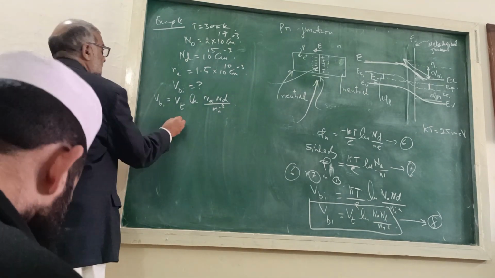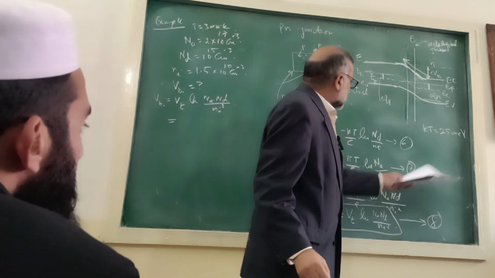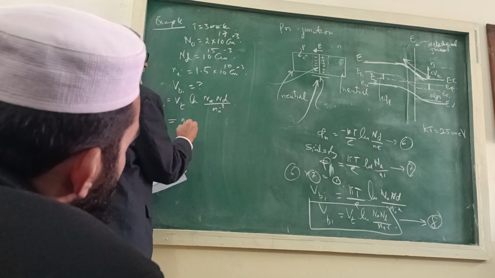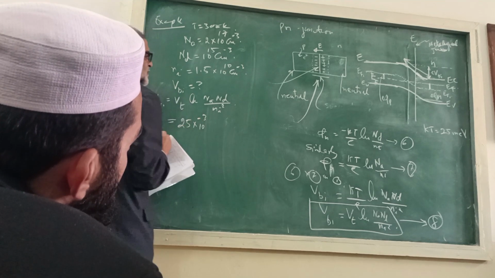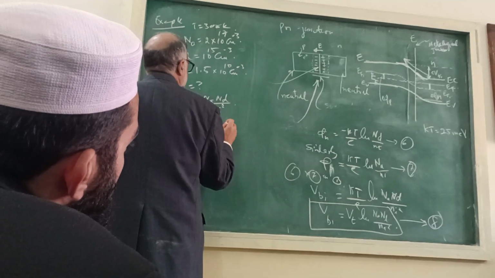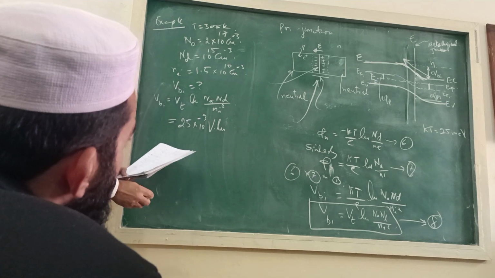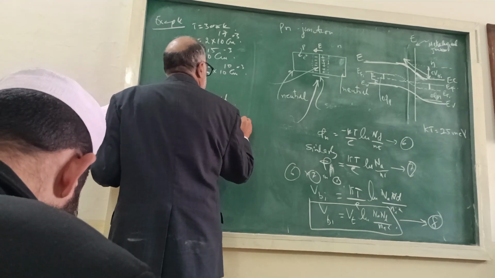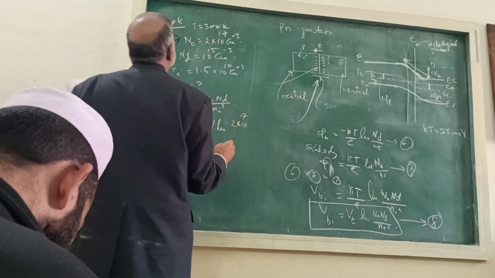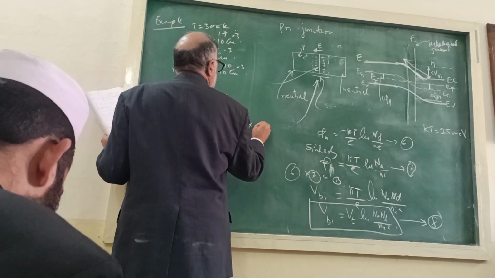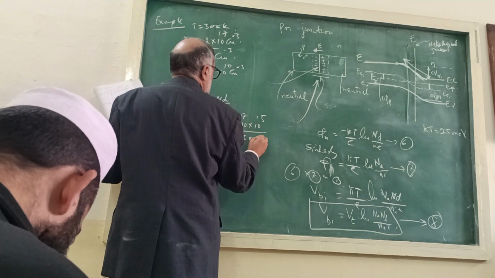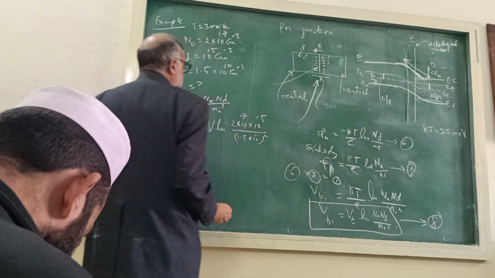The thermal voltage is 25 meV, the e will cancel, so that will be 25 times 10 to the power minus 3 volt, times log of 2 times 10 to the power 17 times 10 to the power 15 divided by 1.5 times 10 to the power 10, whole square.